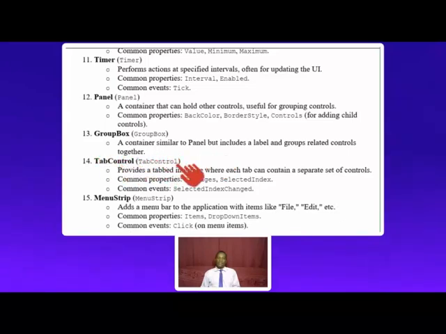Then we have the tab control. It provides a tab interface where each tab can contain a separate set of controls, and common properties will include tab page, selected index, and common events will be selected index changed.